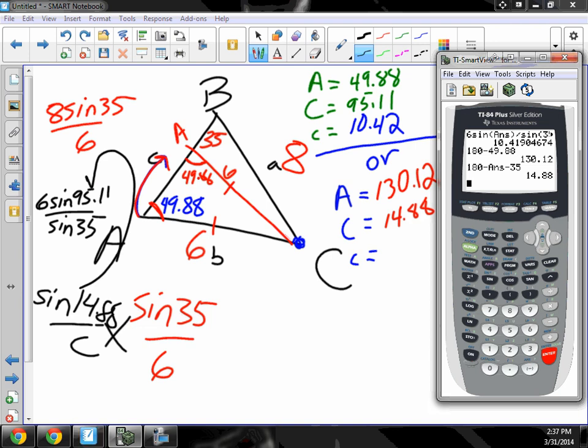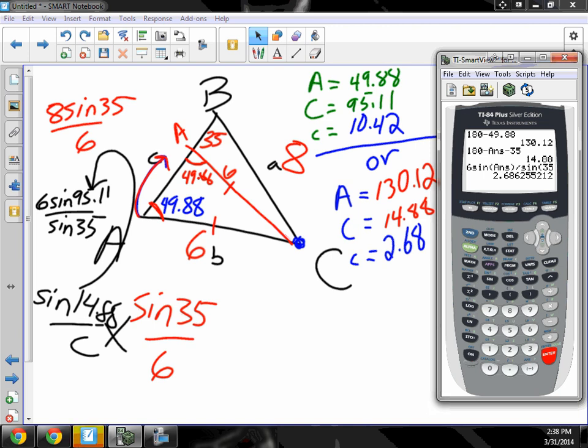So in this problem here, I just replace the 95 with 14. So 6 sine of the answer divided by the sine of 35. And this number should also be small. So 2.68.